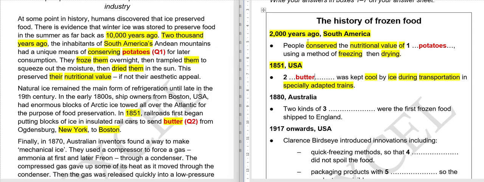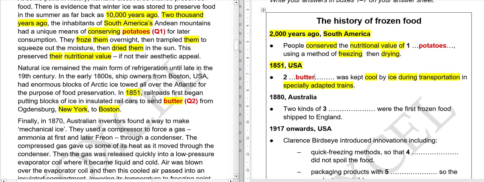Okay. So here they are saying butter was kept cool, sorry, dash was kept cool by ice during transportation. So here you can see railroads first began putting blocks of ice. So here is something about being kept cool by ice during transportation.